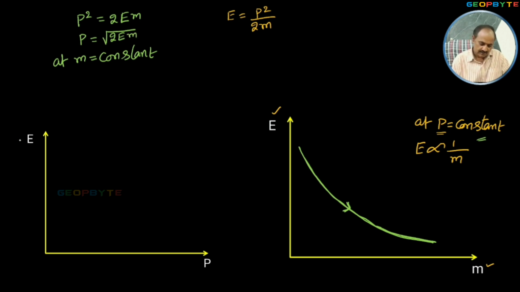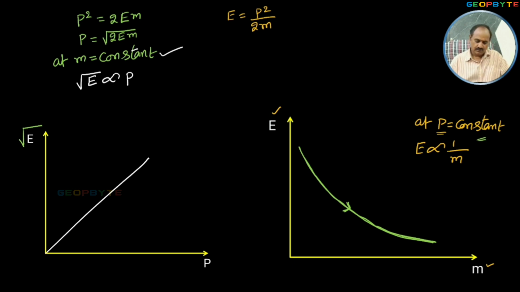At constant mass, let us take root e on y-axis, linear momentum on x-axis. Then root e is proportional to linear momentum at constant mass of the body. Therefore, the root e versus p curve is looking like this at constant mass.